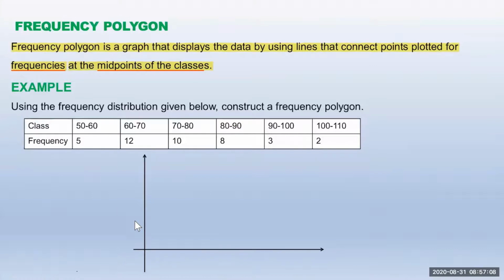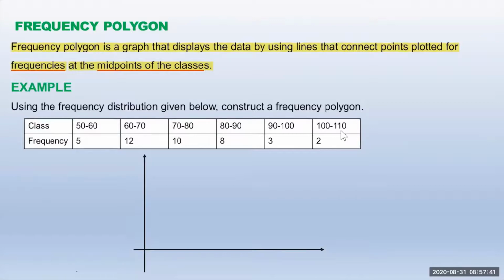Now we need to label the x-axis and y-axis after we have those two axes here. Along the x-axis, we are going to have the midpoints of the groups. The midpoint of the class 50 to 60 is 55. 60 to 70, 65. 70 to 80, 75. 80 to 90, 85. 90 to 100, that's 95. 100 to 110, that is 105.